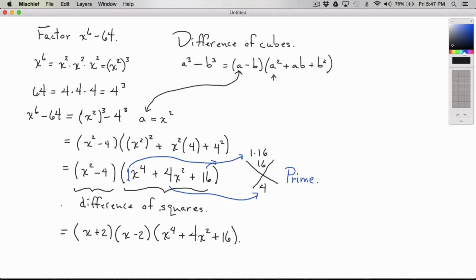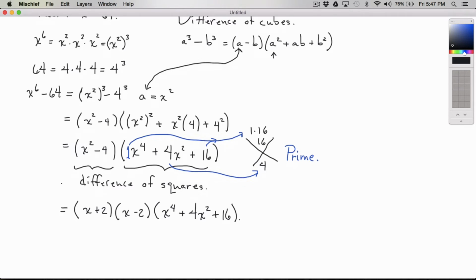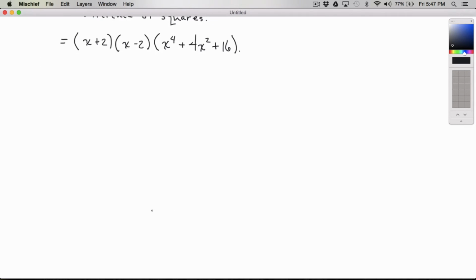Now I have factored x to the 6th minus 64 using the strategy of it being a difference of cubes. Let's try this one more time, but this time we're going to factor it by identifying x to the 6th minus 64 as a difference of squares, and we should get the same result. Let's check.